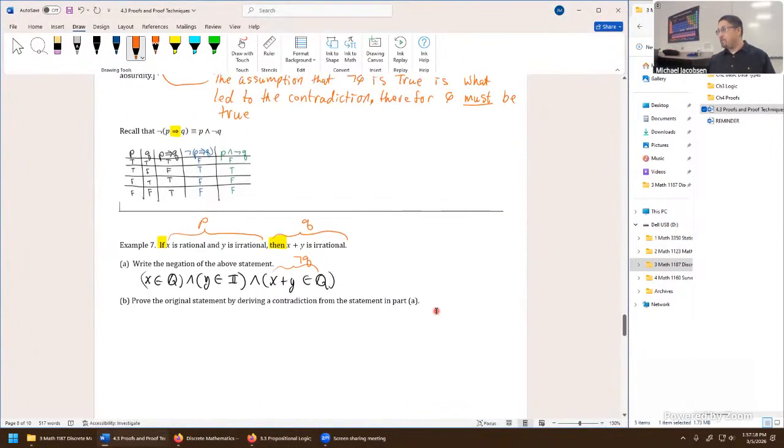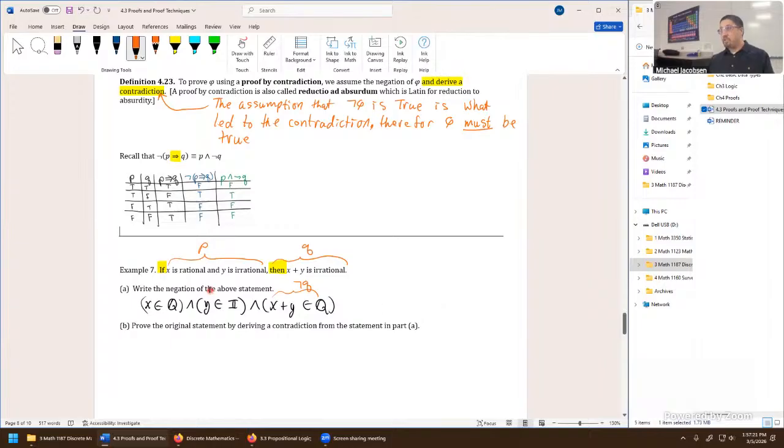So now to prove this statement, we're going to use proof by contradiction. So here's how it's going to go. We want to prove the original statement here, so we'll say proof by contradiction, just to indicate here's the method we're using.